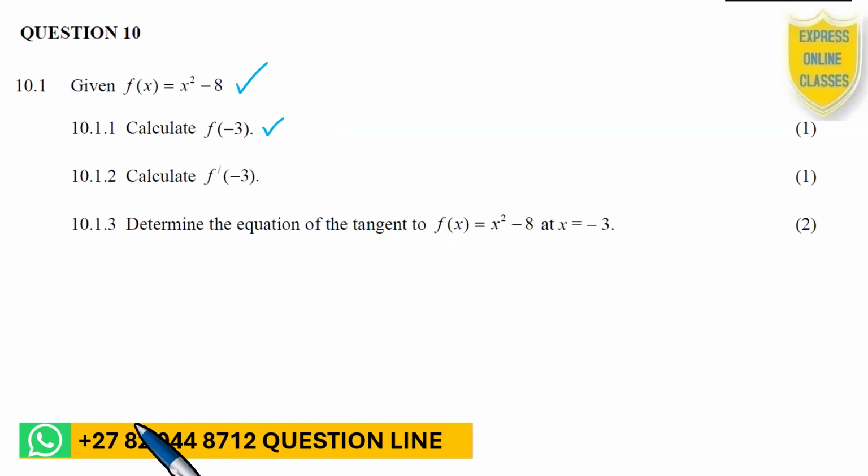Try this one, please. When you are done, please let us know.